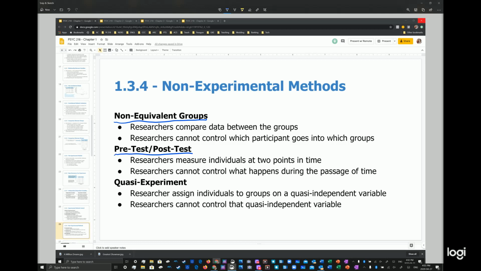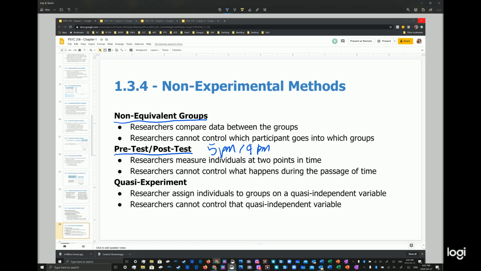Another group is Pretest-Posttest. That's another method that is non-experimental. I can test you once at the beginning of the class and then say, oh, this is how much you know about this chapter. And then I can test you again at the end of the class today. Like, if it was a 5 to 9 class, I could test you in a pretest at 5 p.m. and then I could test you again at 9 p.m. to see how much you've learned over this time.